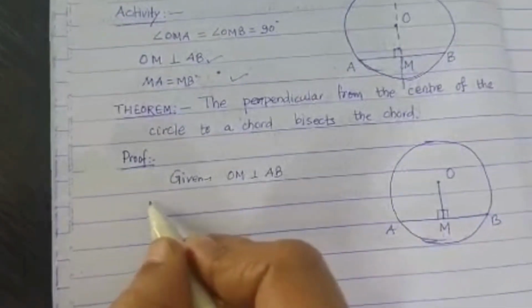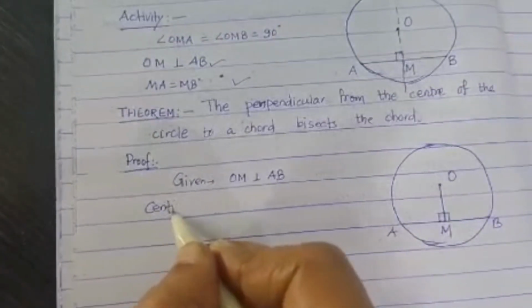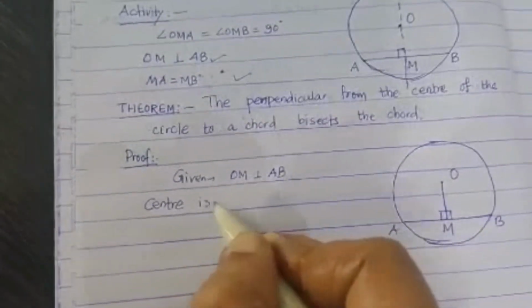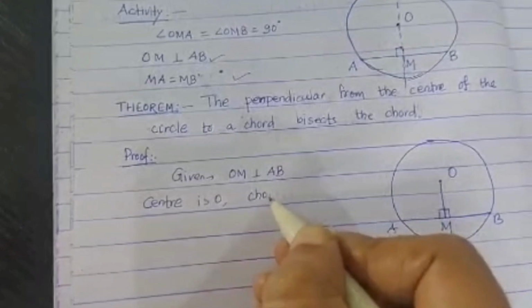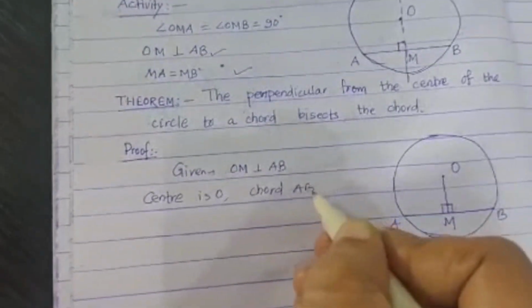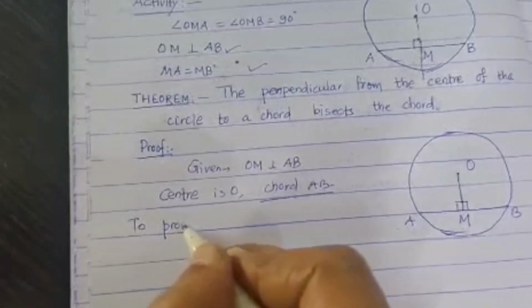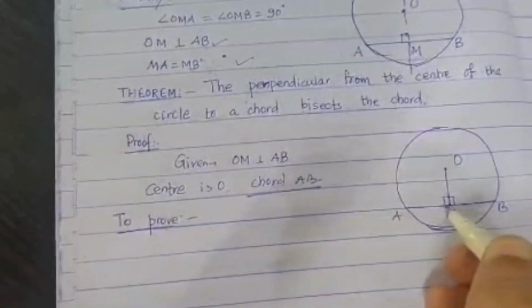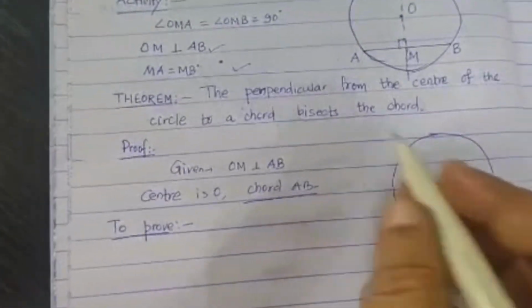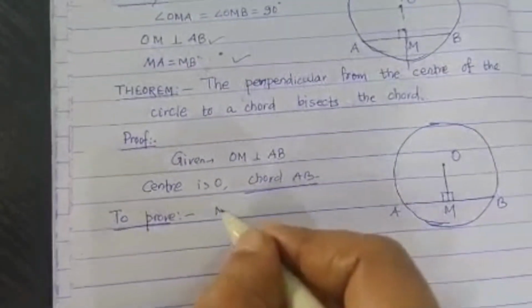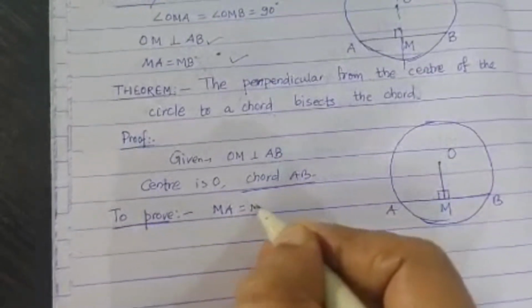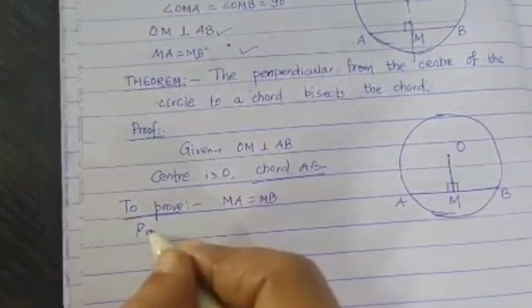Center of the circle is O and chord is AB. These are given things. Now what we have to prove is that OM bisects the chord, means MA equal to MB. We have to prove it.